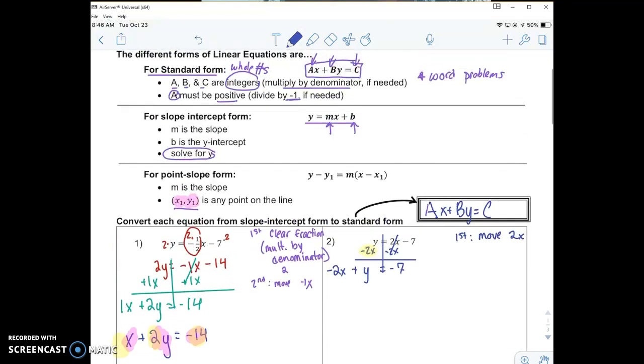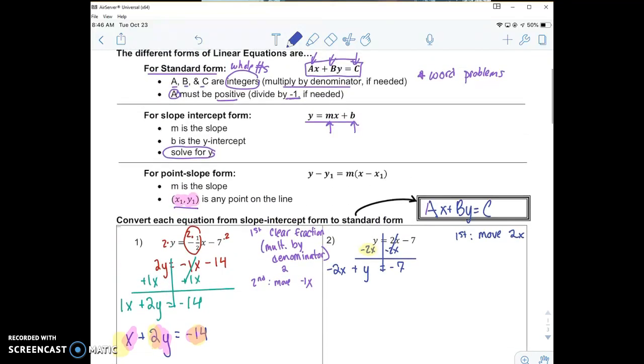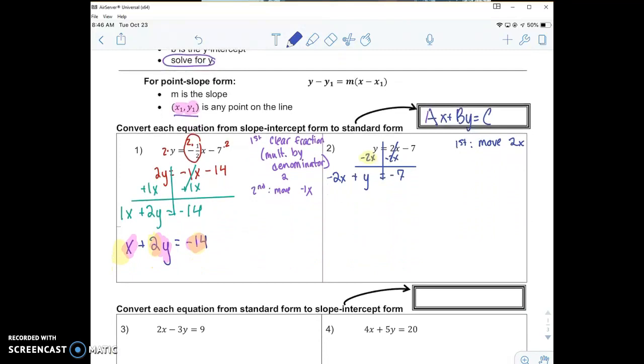All my coefficients are whole numbers. However, remember we said that a, or the number in front of x, has to be positive. So in order to fix that, I'm going to divide everything by -1. -2 divided by -1 leaves me with positive 2x.